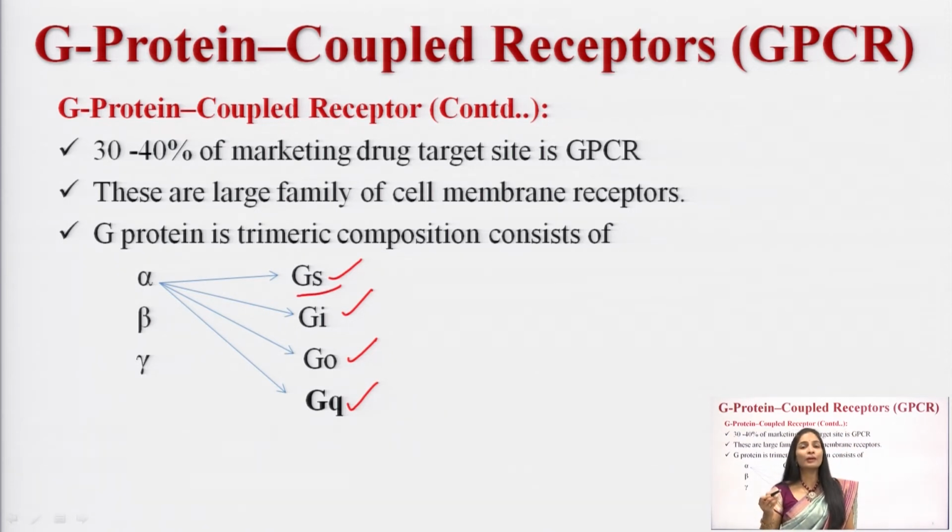When the drug binds to its receptor, depending upon the drug, the action will be stimulatory for Gs, inhibitory for Gi. Go represents a decrease in calcium channel, and for Gq, phospholipase will get increased. Gs stimulatory, Gi inhibitory, Go decrease in calcium channel, Gq phospholipase.